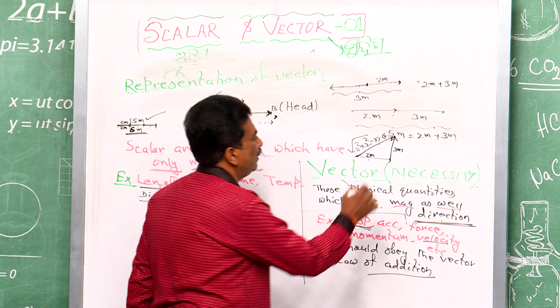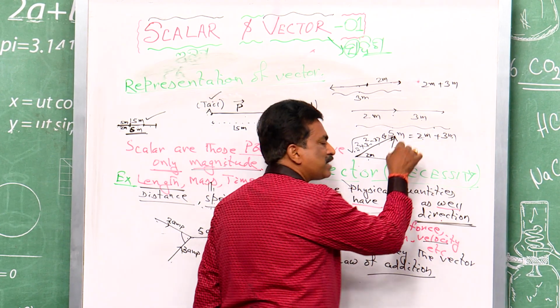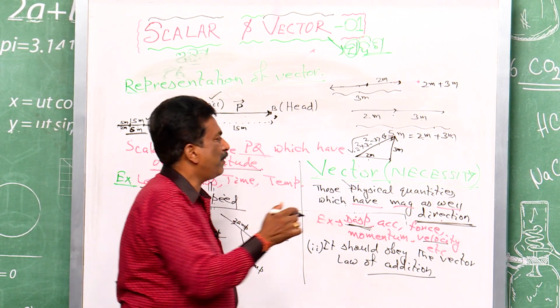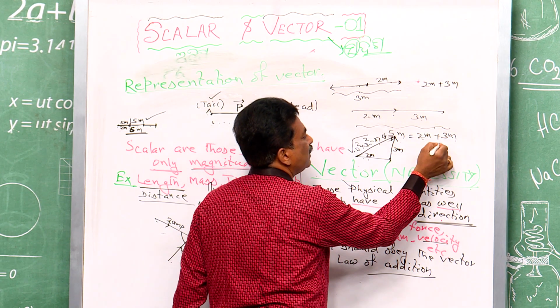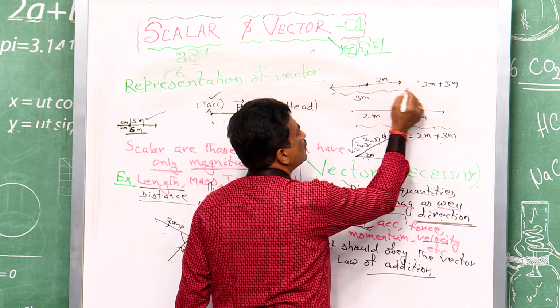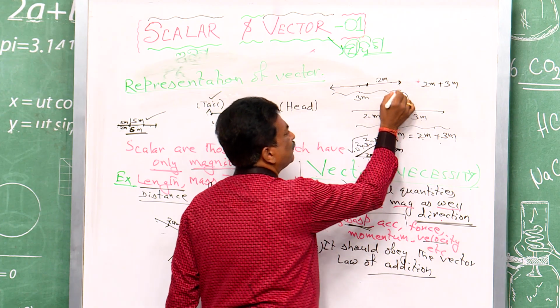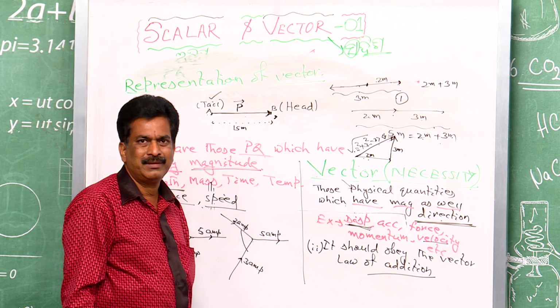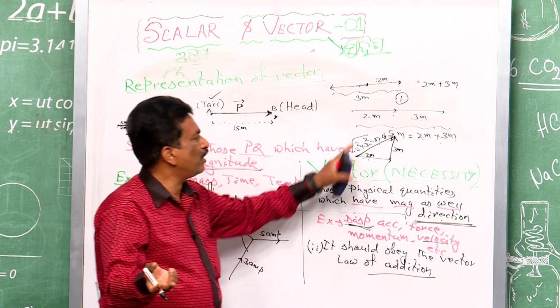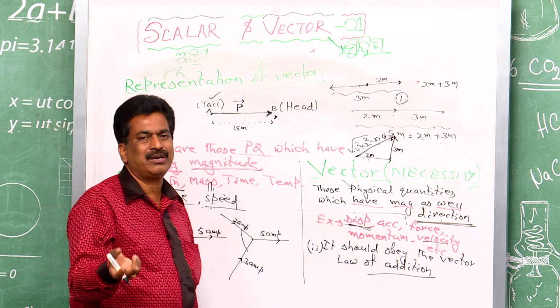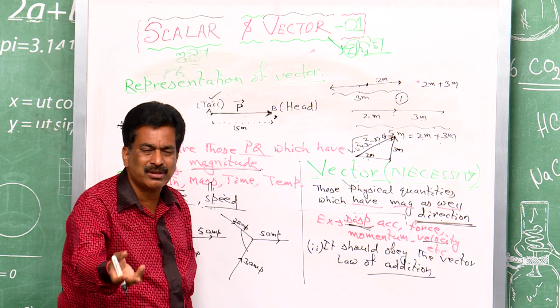Here the same two things are added, but the result lies between 3 to 4, or the result is 5, or the result will be 1. When the angle is different, the resultant distance or displacement covered is different.